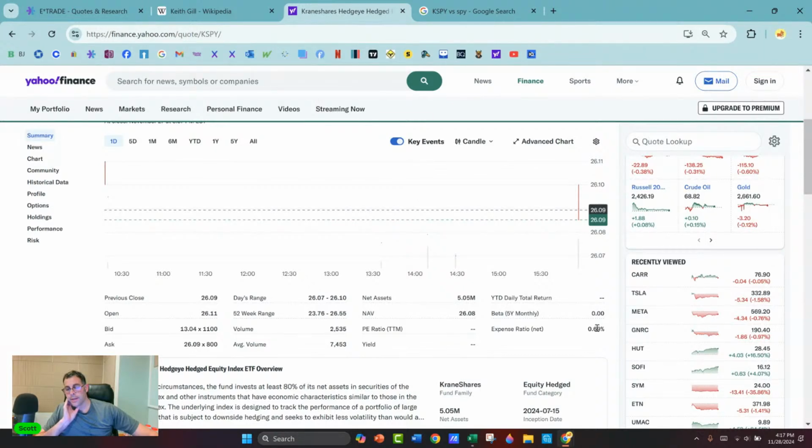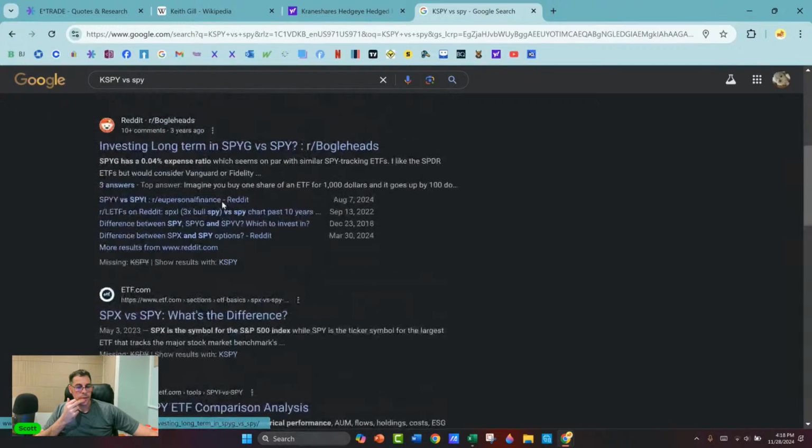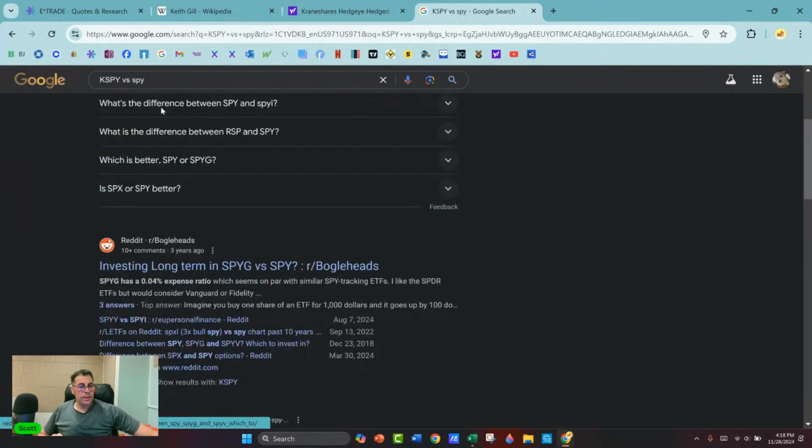So you're paying 15. 4 times 15 is 70. Yeah, you're paying 15 times the fees. It's an ETF of the SPY with lower volume, I think.